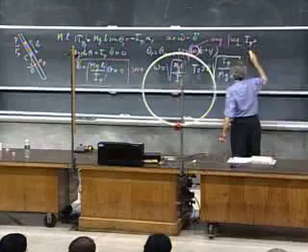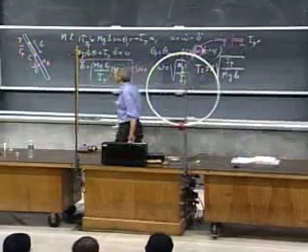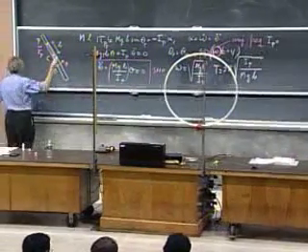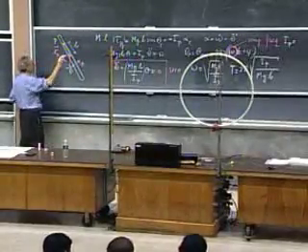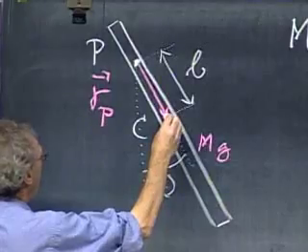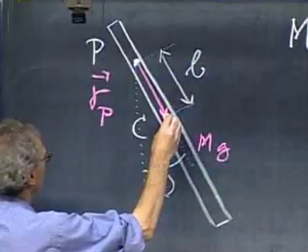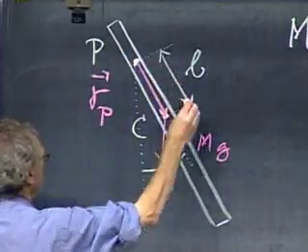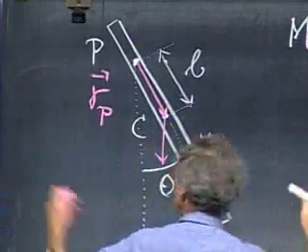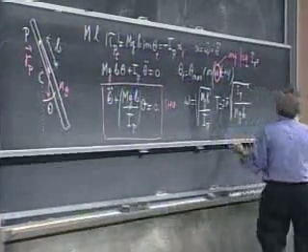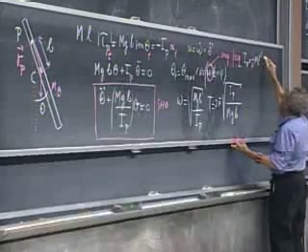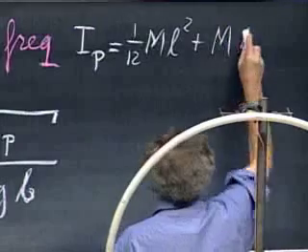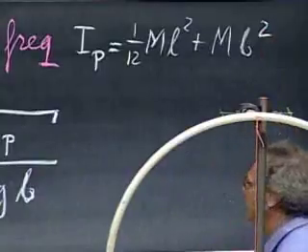The moment of inertia about point P we find immediately by using the parallel axis theorem. If it were rotating about the center of mass, about this axis, then it would be 1/12 ml squared, and so we have to add mb squared. We did something similar there. So this is 1/12 ml squared plus m times b squared, parallel axis theorem.